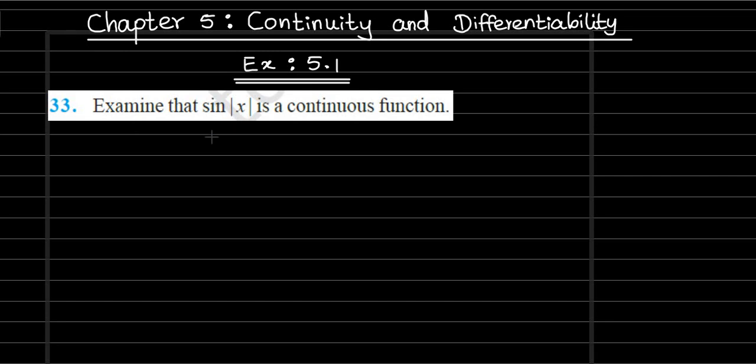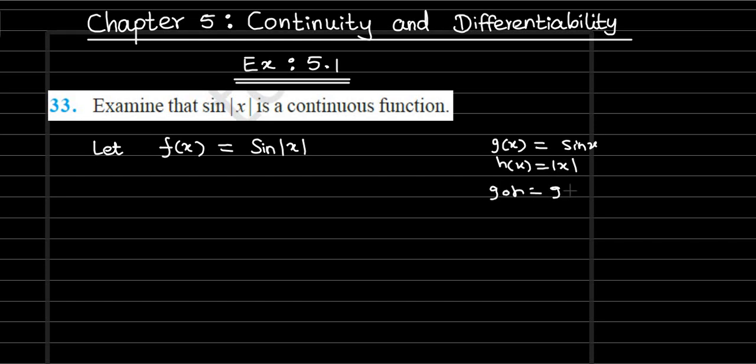Given one, I'm going to consider as f of x. Let f of x equal sine of modulus of x. I'll tell you how it is a combination of two different functions. For that I'm going to take g of x as sin x and h of x as modulus of x. Now g of h of x can be rewritten as g of h of x, and h of x here is modulus of x.